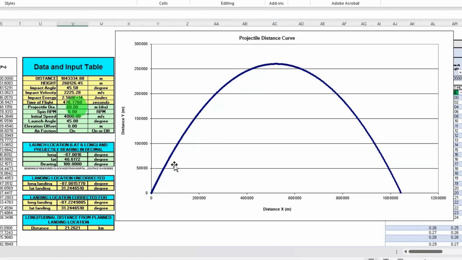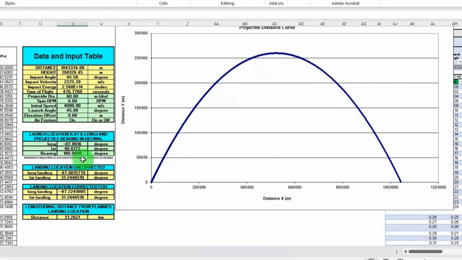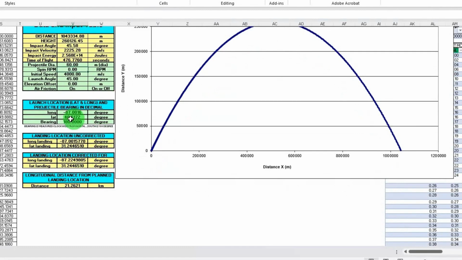So after we calculate this, then in the second part of this spreadsheet, which I just finished, we assign a launch location, a latitude and longitude, and a bearing to this. So in this case, we tell it to start at 40.6 north, negative 87.0016 west, and the bearing that we're going to shoot this is 180 degrees.